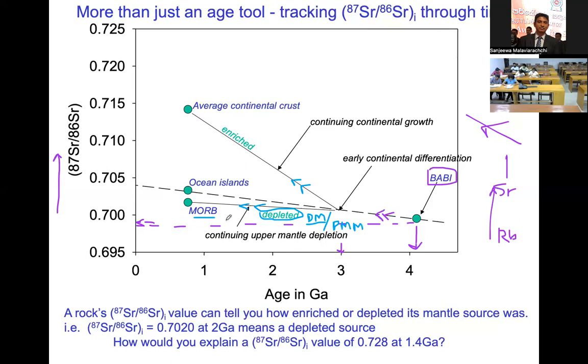So in this composition, you have this upper mantle, the depleted upper mantle, DM, and DM produced MORB.